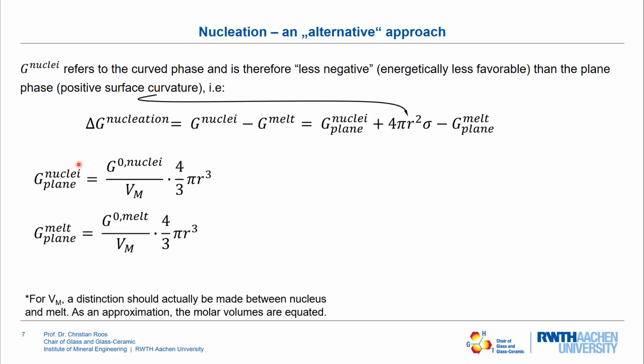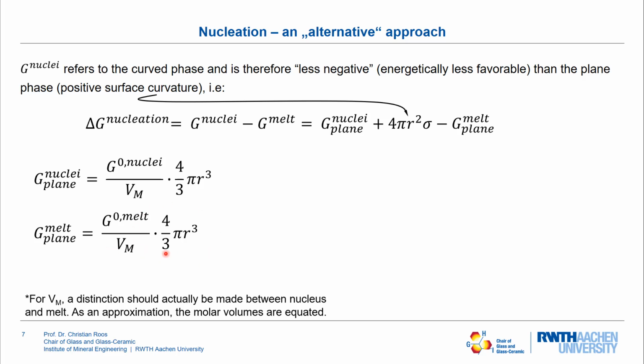Now, the total free enthalpy of the nuclei and of the melt is depending on the volume of the respective faces. And because we assume the spherical face, it's basically the standard free enthalpy of the nuclei divided by its molar volume times the volume of the sphere with the respective radius. And the same is true for the melt, which is the standard free enthalpy of the melt divided by its molar volume times the volume of the sphere.